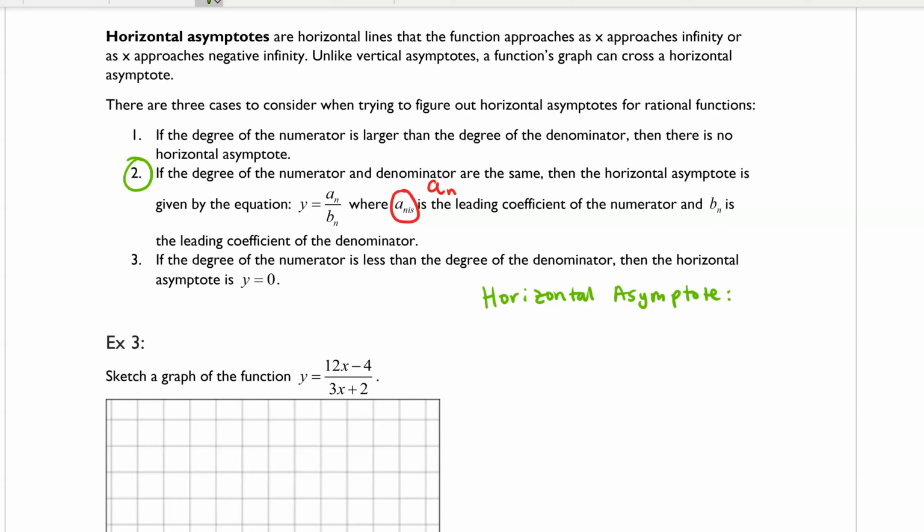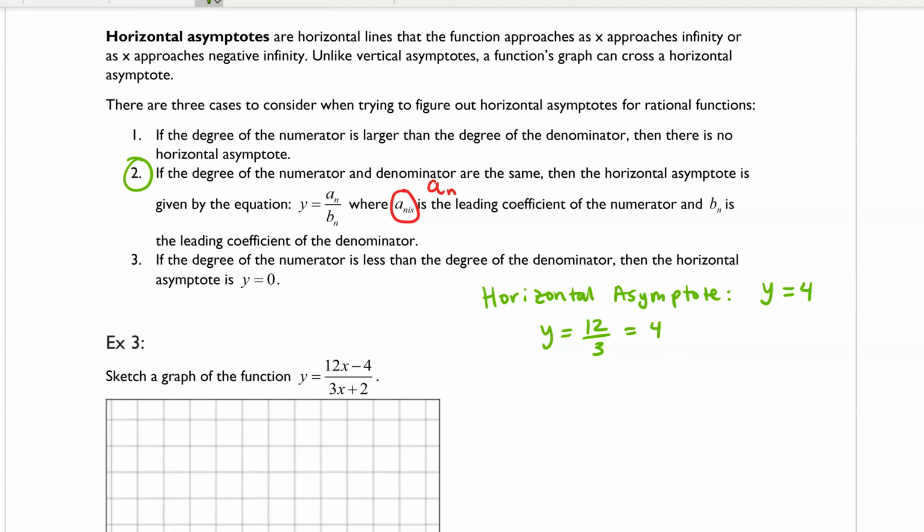In that scenario our horizontal asymptote is given by y equals, and then we take the leading coefficients. So the leading coefficient of the numerator is 12, and the leading coefficient of the denominator is 3, which if I simplify that is 4. So overall, our horizontal asymptote is y equals 4.